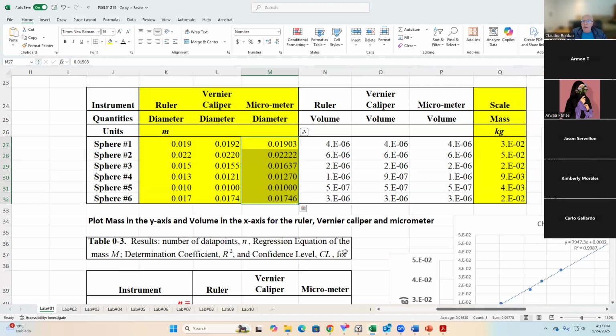What else? Which other measurement did we take? We took a measurement with the kilogram, the mass. And the number of significant figures here is going to depend on the scale that we used.